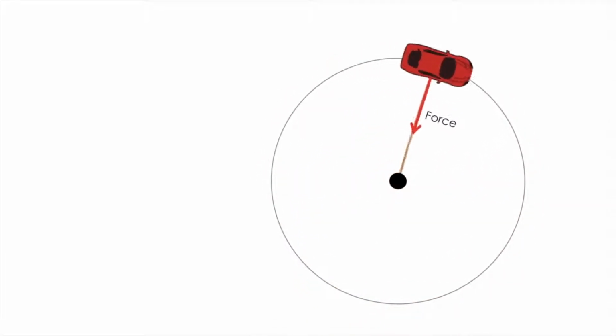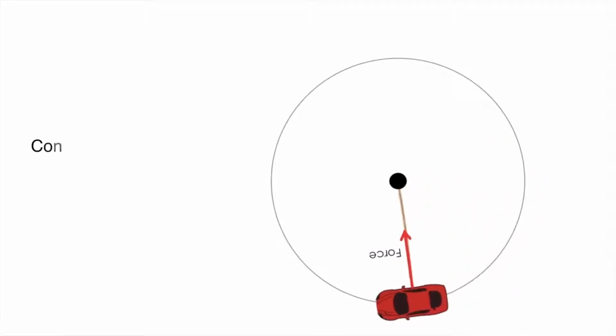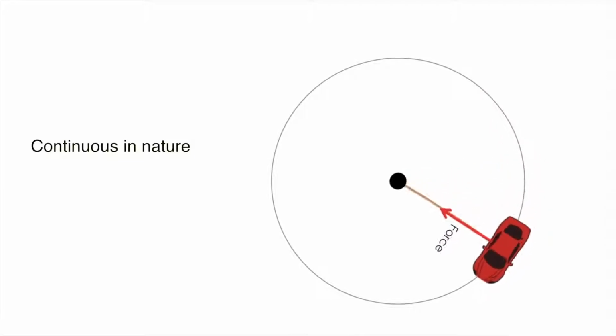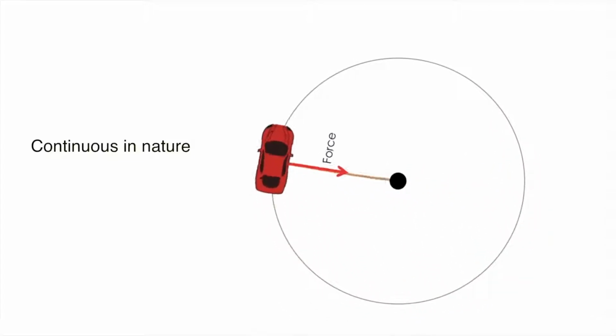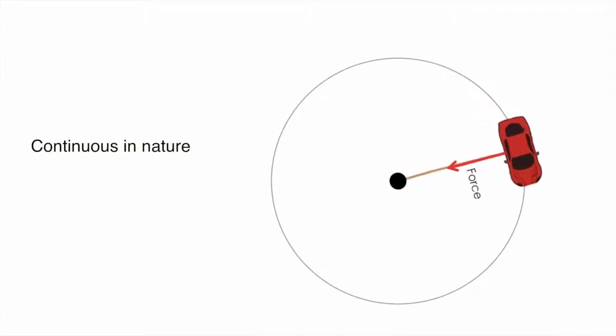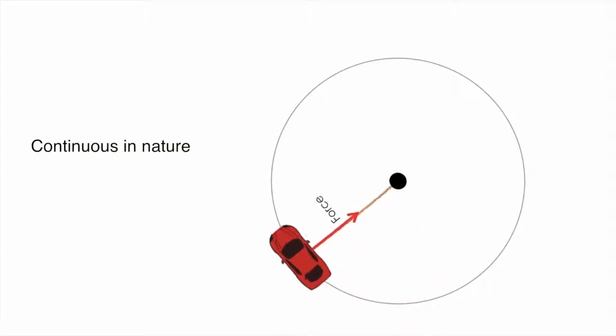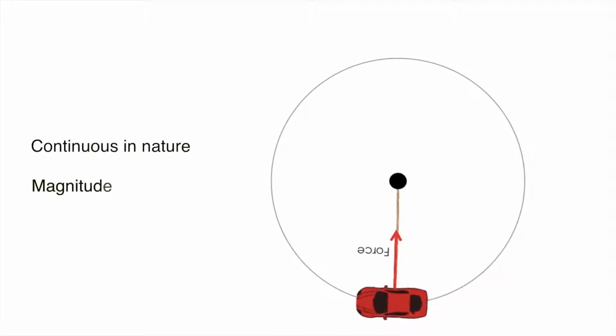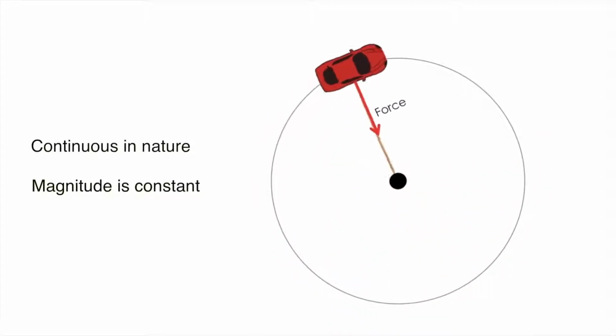Since the direction of the car is changing continuously, it means that the force is continuous in nature. Next, the radius of the circular path is neither increasing nor decreasing, which means that the magnitude of the force remains constant.